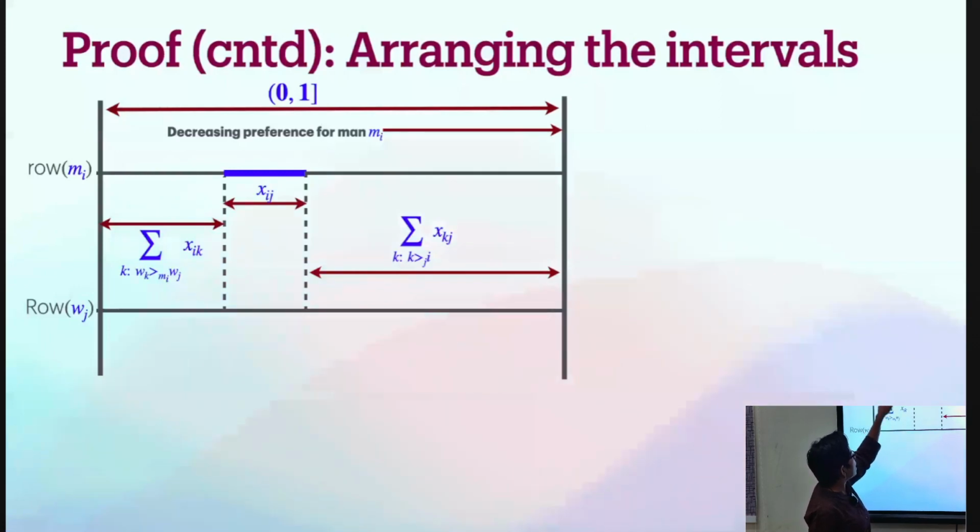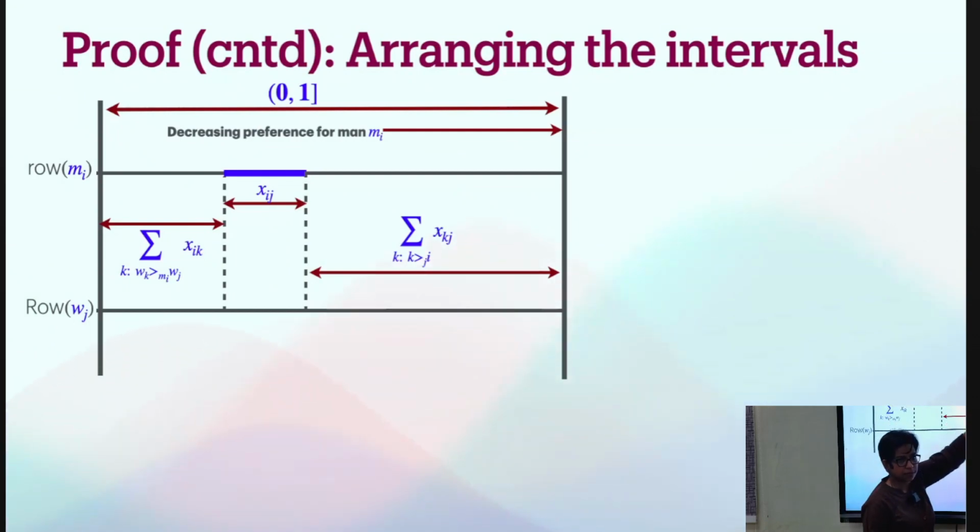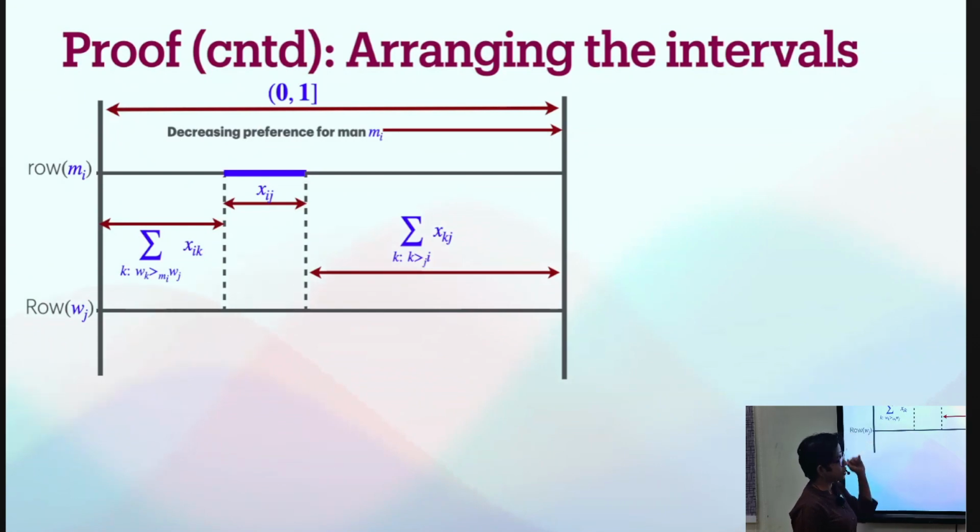So, for man i, the first segments are say xi1, xi2, xi3. I sort them and arrange them in decreasing order. So, the one that comes first is the one that has the highest preference in mi's preference ranking. I do this. Similarly, I do the same thing for the women, but in the opposite direction.